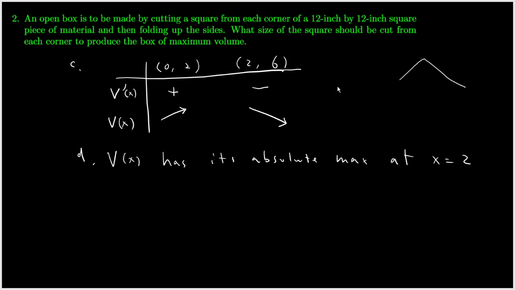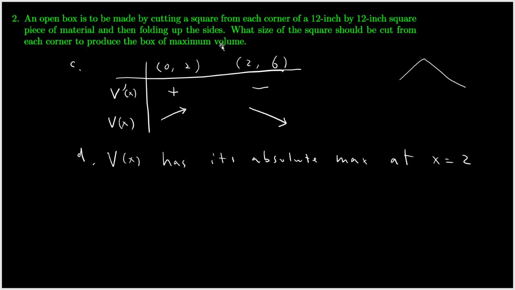Now you look at the question. In the question, we're looking for the size of the corner squares. I mean, we're just looking for what value of x the volume of the box is maximum. We're not looking for the value of the largest volume.